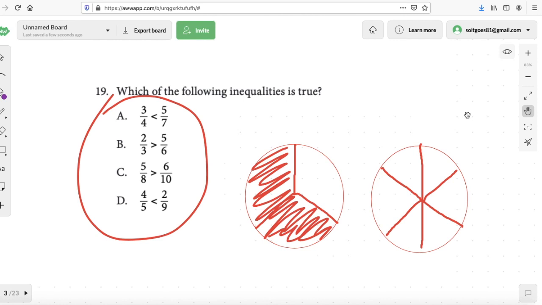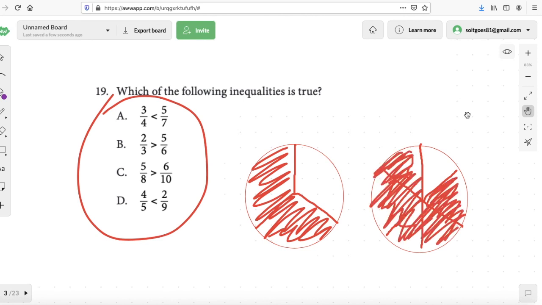It's 5 out of 6. Does that make sense? So I'm shading this, and I think you already see where this is going. Yeah, 5/6 is greater. This is 5/6 right here. That is definitely greater than 2/3.